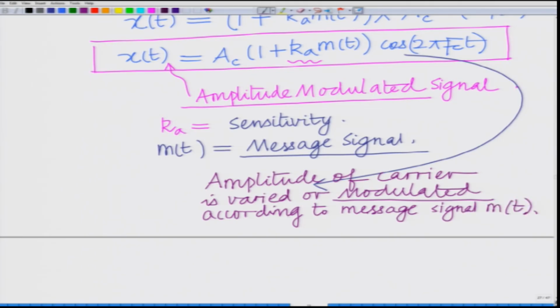Modulation is nothing but this variation. When we multiply the carrier signal by the message, one can think of the amplitude of the carrier as being modulated by the message, therefore this is termed amplitude modulation. The amplitude of the carrier, which was previously constant, is now time varying in nature and varies as per the message m(t).